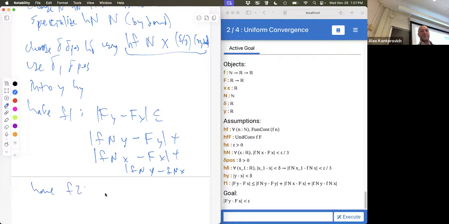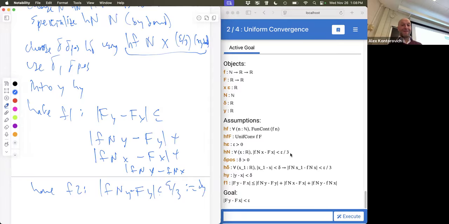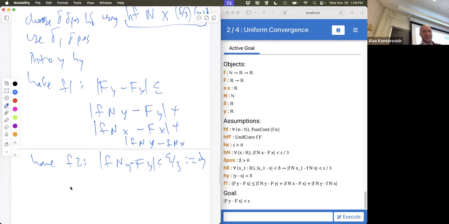Have F2. Y is the first thing small. Fn minus Fy is strictly less than epsilon over 3 by... what? H delta specialized to y.